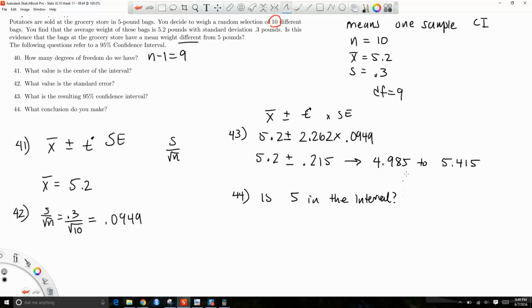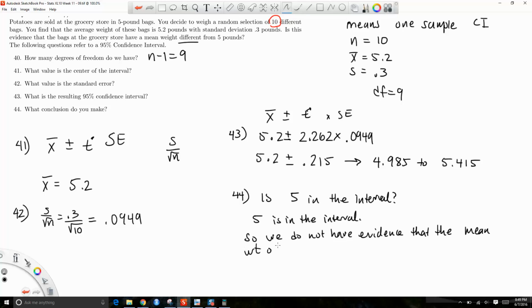Okay, and 5 is in the interval. So we do not have evidence that the mean weight of potato bags is different from 5 pounds.